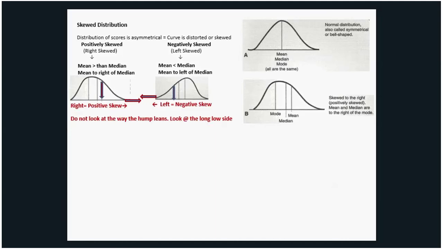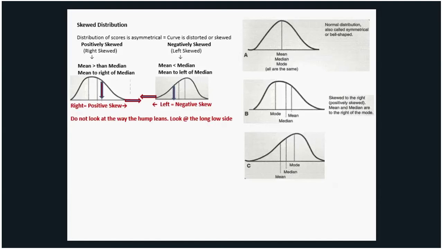So they're saying that if the mean and the median are to the right of the mode, then you're going to have a right skew, which means you're going out this way, and that's going to be positively skewed. Same thing you're looking at here. If your mean is to the right, then you're going to go with a right skew. If your mean is to the left, you're going to go with a left skew here.